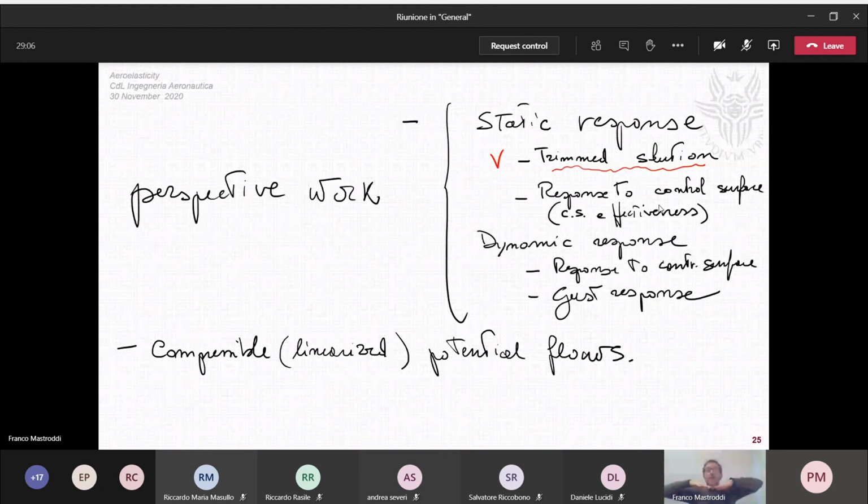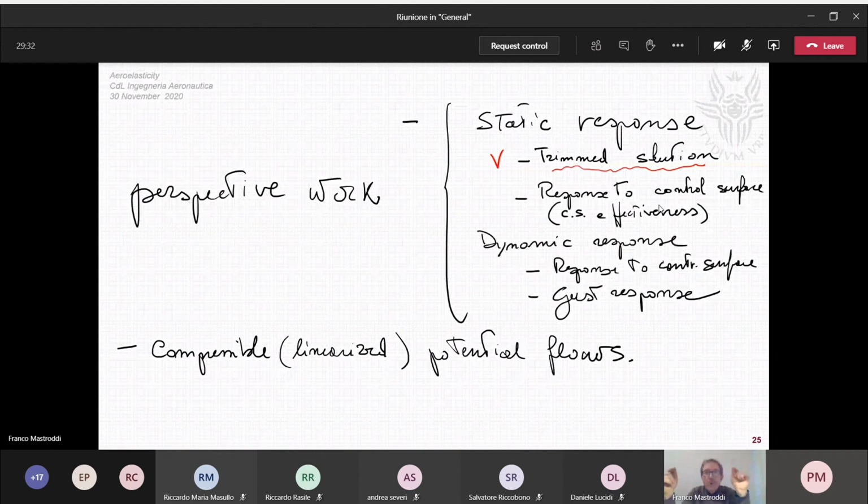So you are flying, for example, in straight flight, with an angle of attack. So you are generating a lift, and this lift, together with the aircraft weight force, is deforming your aircraft, and therefore the aircraft is modifying the aerodynamics.